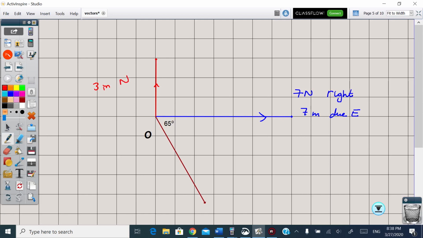In this case, the brown case is a slightly different one. We have a vector at 65 degrees south of east.